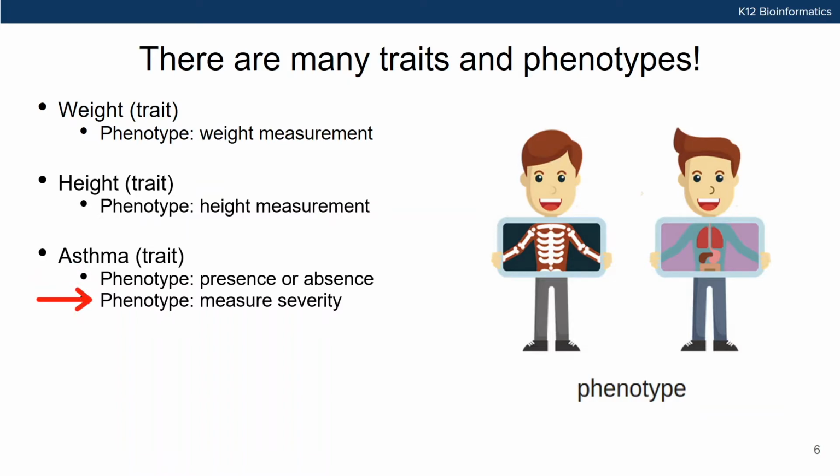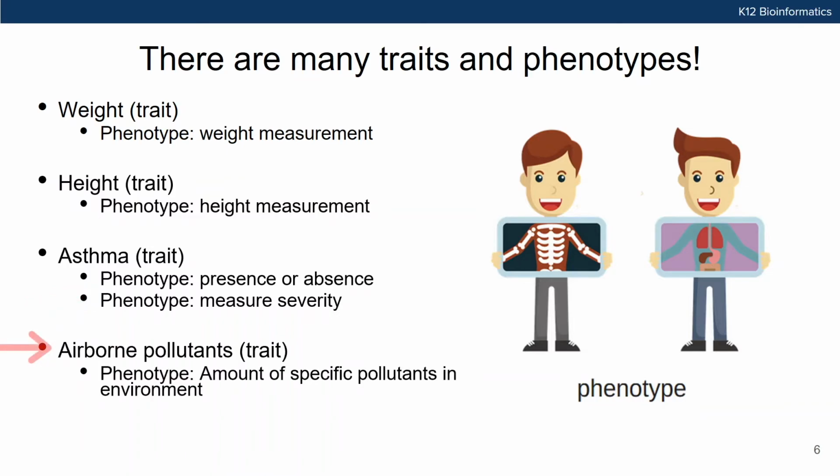Or we can investigate the disease trait using a particular measure of severity, so how severe asthma is in a particular population. And finally, we can be interested in a trait related to something like airborne pollutants, where our phenotype of interest may be the amount of specific pollutants in your particular environment. You probably came up with some great examples of your own as well.